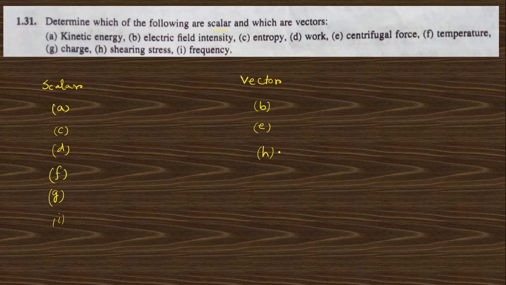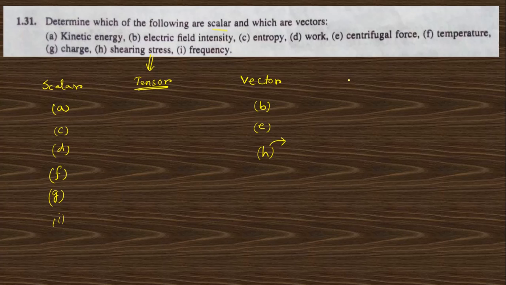Okay. For your more information, I want to tell you that shearing stress is a vector in this context, but actually it is a tensor. What is a tensor? A tensor is a generalized quantity.